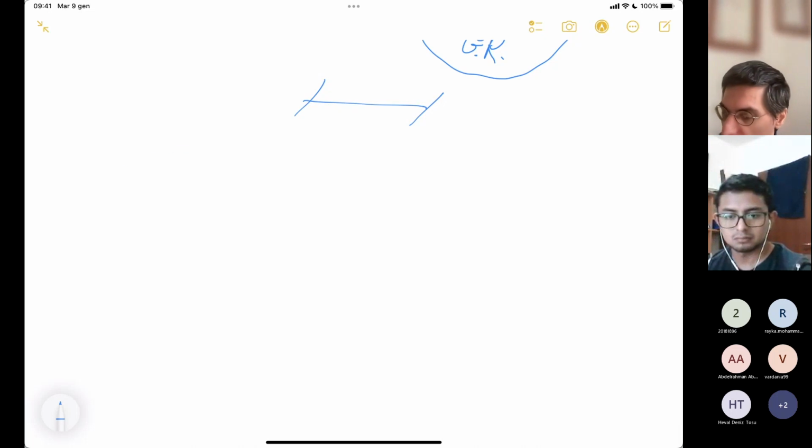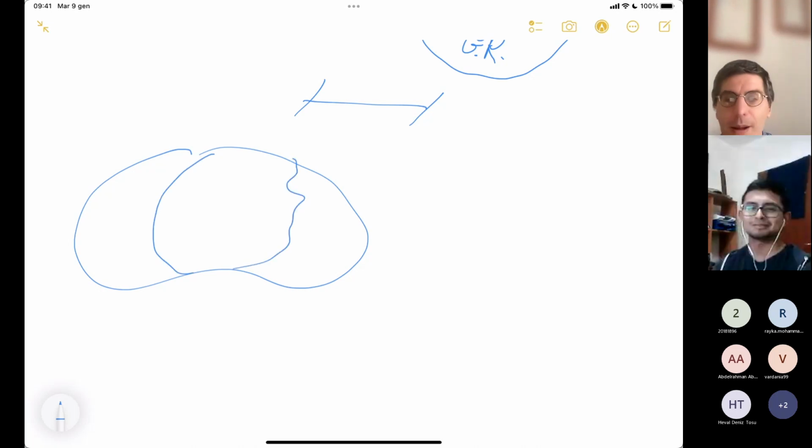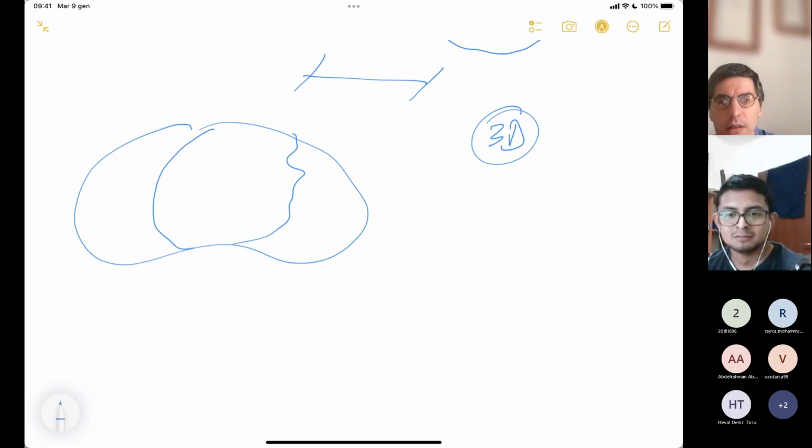I mean, instead of a body, when we draw a generic body, we always draw something like a potato. Of course, you can describe a three-dimensional model which is able to describe the deformation.